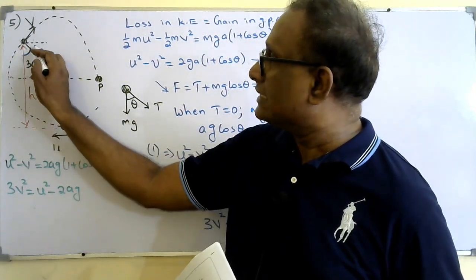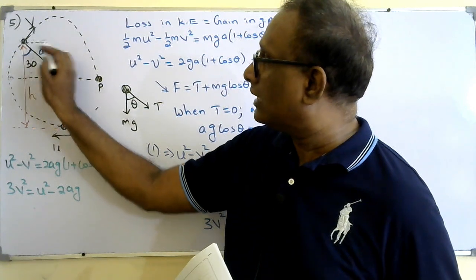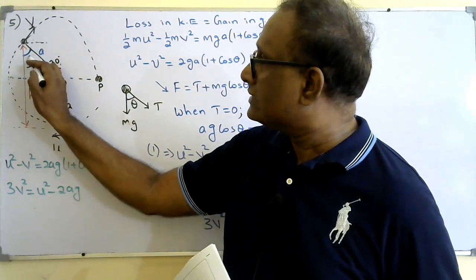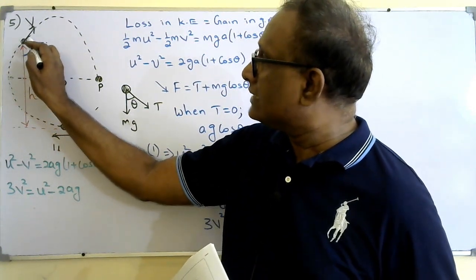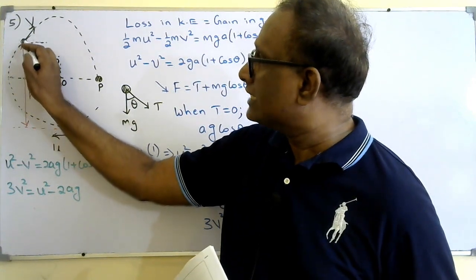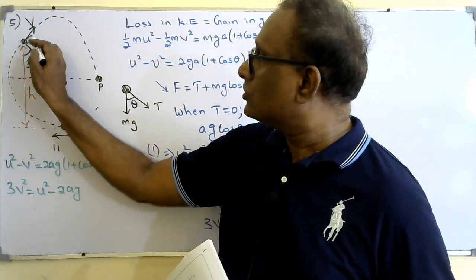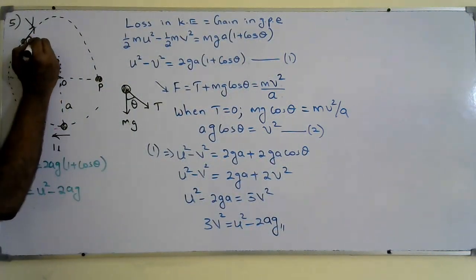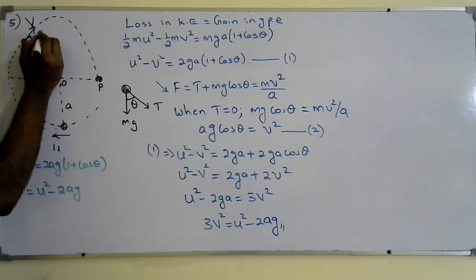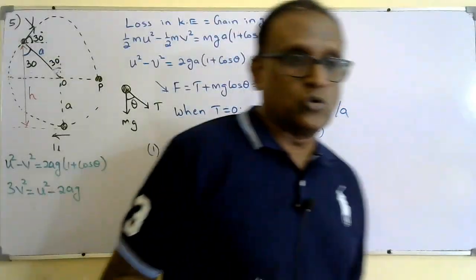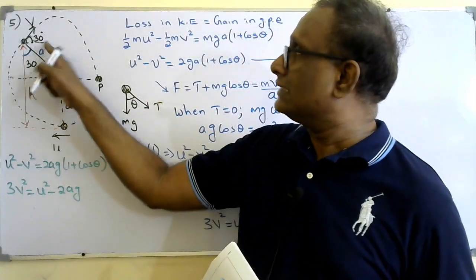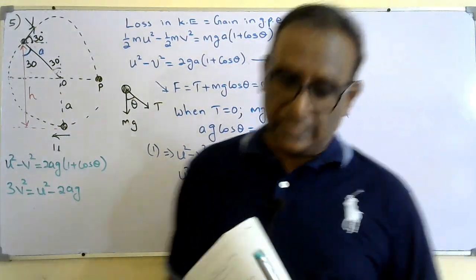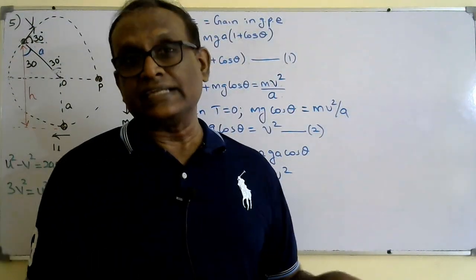So this is 30, which means this is 60, because this is a horizontal line and this is a vertical line. This is 60, but this is 90 because velocity is perpendicular to the radius. So this is going to be 30. So at the moment when the particle starts to follow projectile motion, the velocity V makes an angle of 30 degrees with the horizontal line. By using it, we are going to find the time taken.